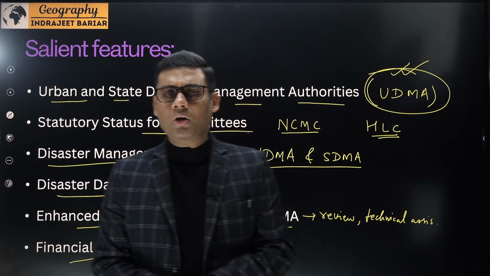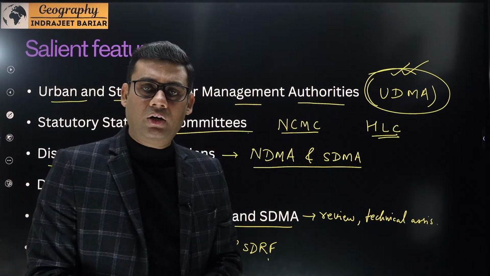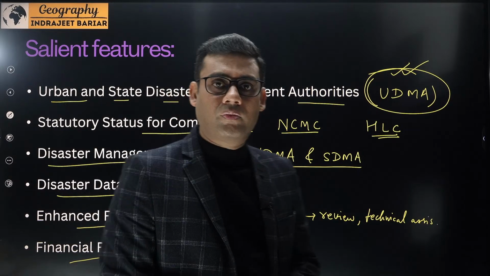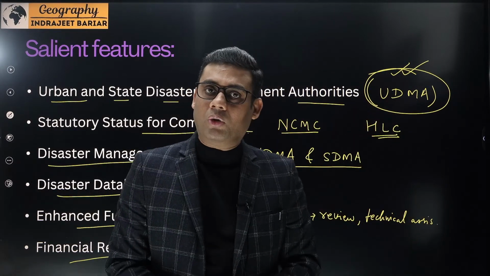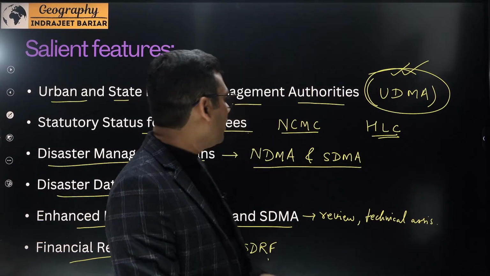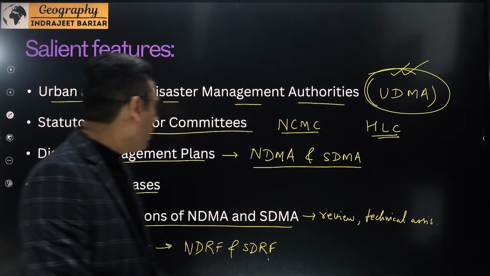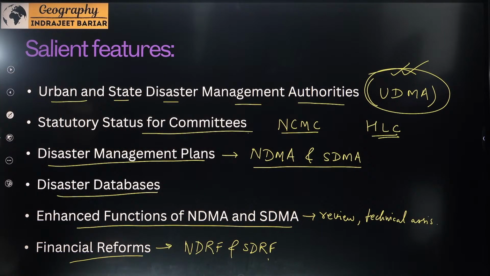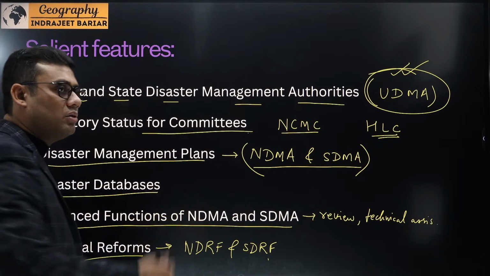Although the earlier bill also had a context in which it very clearly talked about community participation, giving a legal status to the urban local bodies in the form of the urban disaster management authority would be a welcome step, no doubt in that. Plus, along with that, the idea of NDMA and SDMA being involved in the disaster management plan.